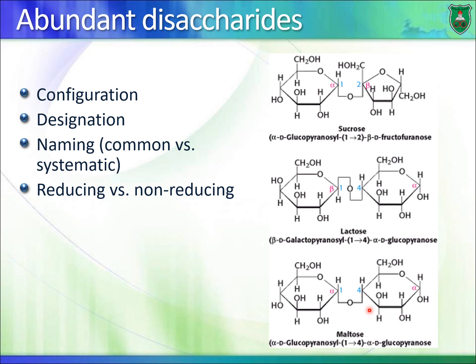And the carbon that is involved in the glycosidic bond is carbon number 4. So collectively we call this molecule alpha-D-glucopyranosyl 1 to 4 alpha-D-glucopyranose, and this is maltose. This is the sugar that is present in malt, الشعير.